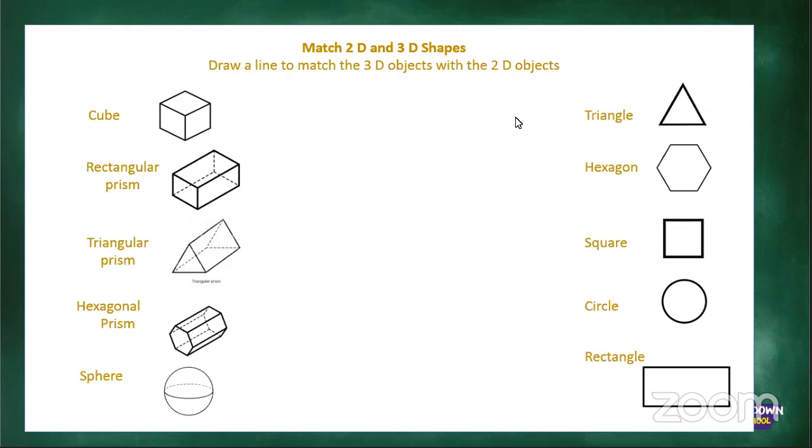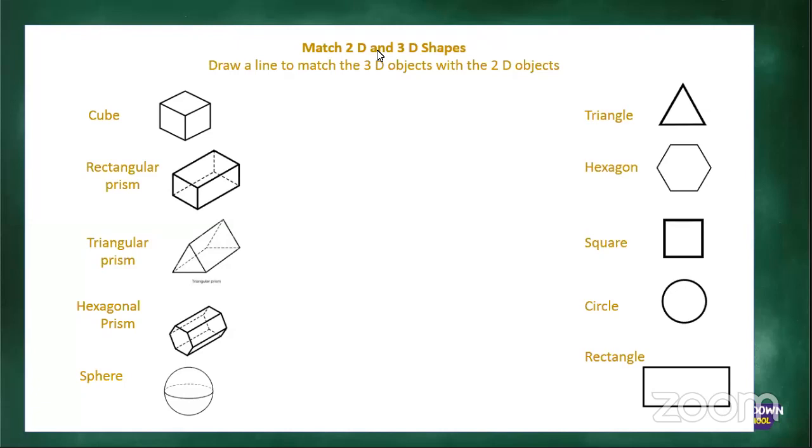Okay, I have 3 raised hands. One can answer. We'll start from the cube to the sphere. Ma'am, the cube goes to the square. The cube goes to the square. Thank you so much. The cube here goes right here to the square.